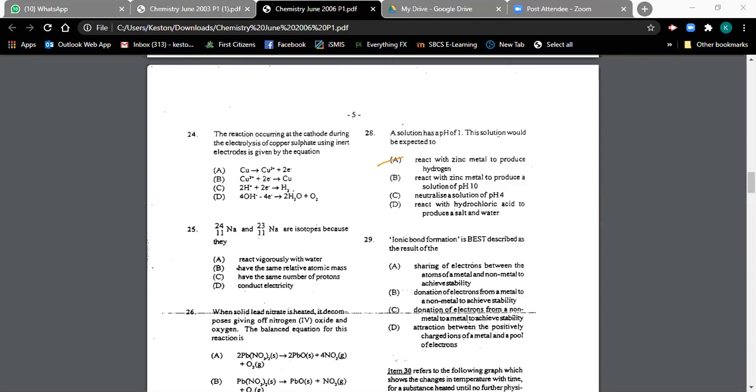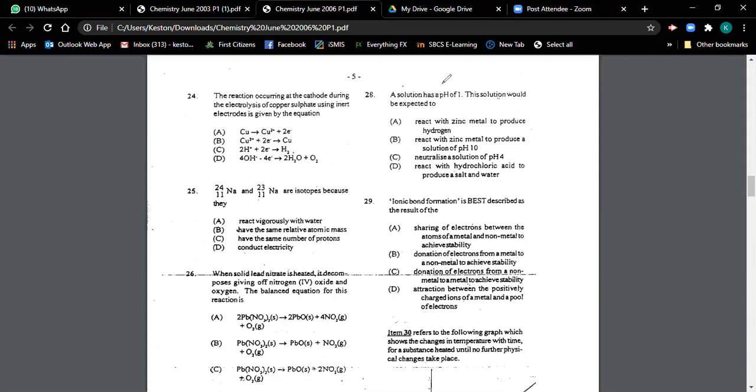Yes, B. Donation of electrons, and that donation of electrons is coming from a metal and going to a non-metal. Think sodium chloride. Sodium is giving up an electron, chlorine is gaining it, and that's how you have the ionic bond taking place there. Very good.